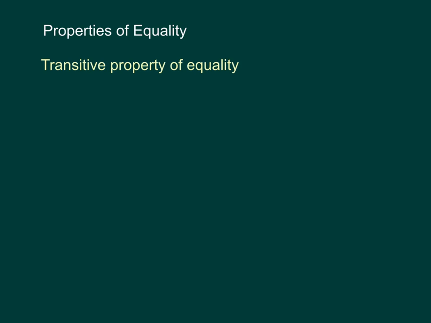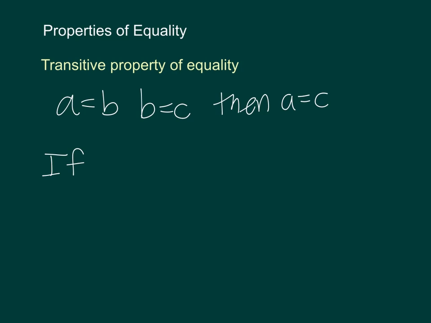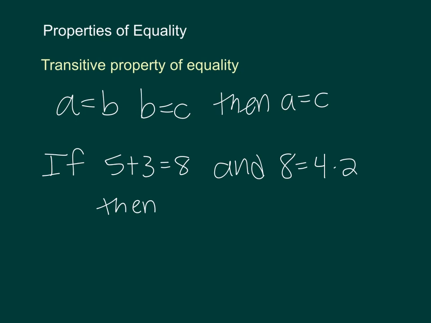So that's the basic example with the A equals B. If A equals B and B equals C, then A equals C. Let's do it with some real numbers here. So I say if 5 plus 3 equals 8 and 8 equals 4 times 2, then 5 plus 3 is equal to 4 times 2.